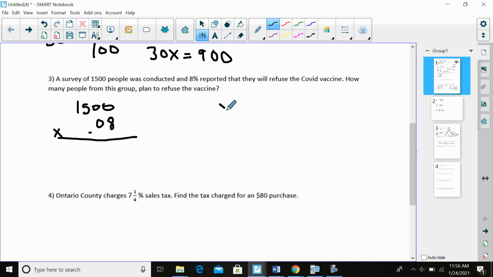If you set it up by a proportion, you could say, I want to find the part out of the 1500: part to total equals the 8 out of 100. That would have worked, solving a proportion.